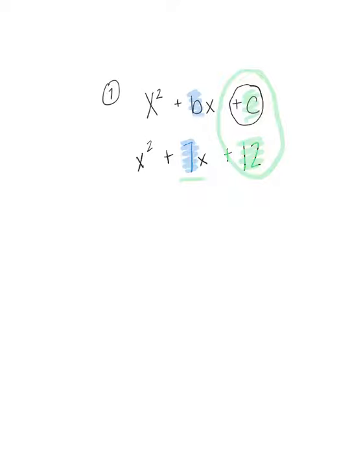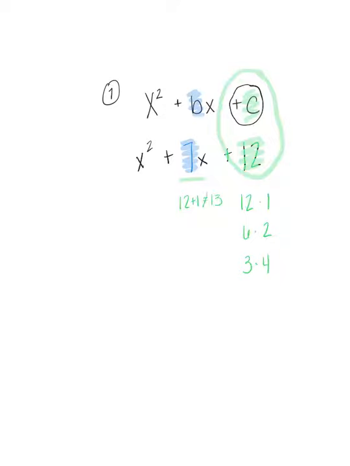Let me explain. Factors of 12. Well, I have 12 times 1. I have 6 times 2. Or I have 3 times 4. Now, let's look at this. 12 plus 1 equals 13, not 7.